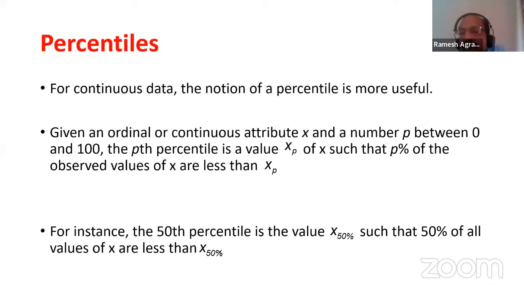Similarly, there is another summarized quantity which we use, that is percentile. In general, this is used for continuous data. I will discuss what these types of variables are. The variables of the data can be of different types.